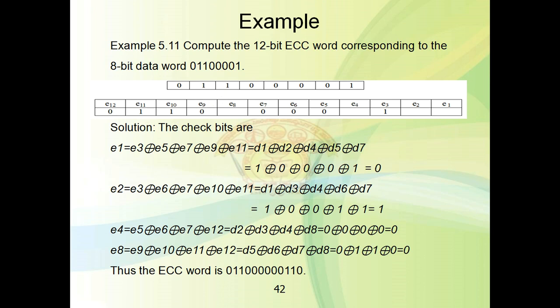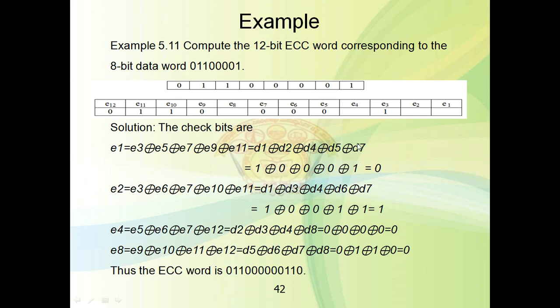Now we need to calculate e1, e2, e4 and e8. We have seen in the previous slide how to calculate e1. e1 is the XOR of e3, e5, e6, e9 and e11, that is d1, d2, d4, d5 and d7.